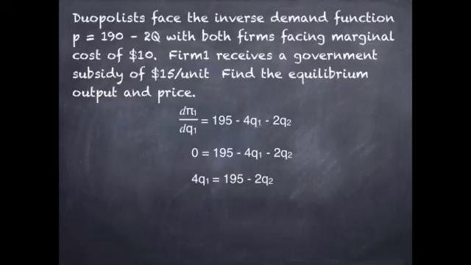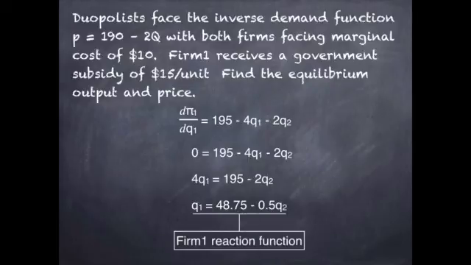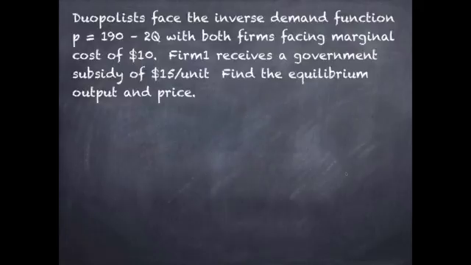So we add 4Q sub 1 to both sides. We get 4Q sub 1 is equal to 195 minus 2Q sub 2. We divide through by 4, and we get Q sub 1 is equal to 48.75 minus 0.5Q2, and that is the reaction function of firm 1.